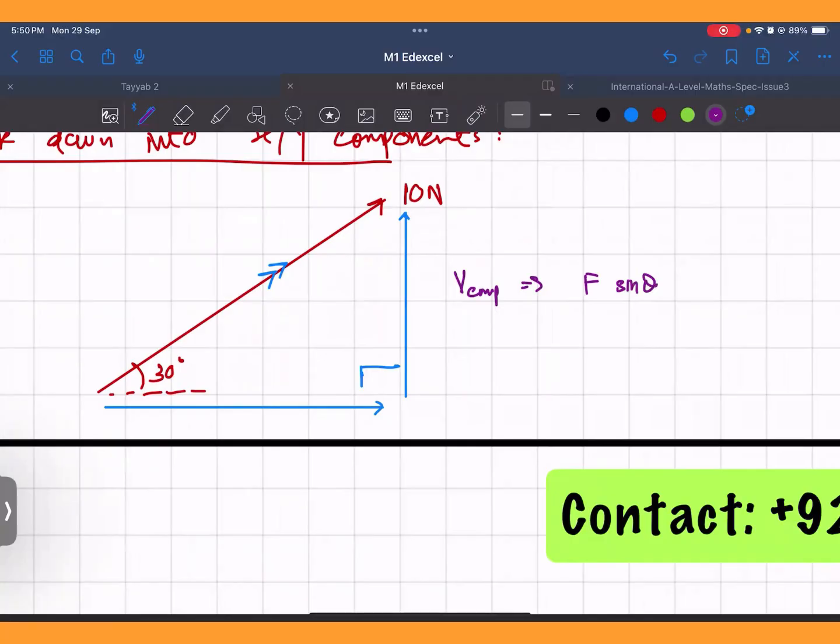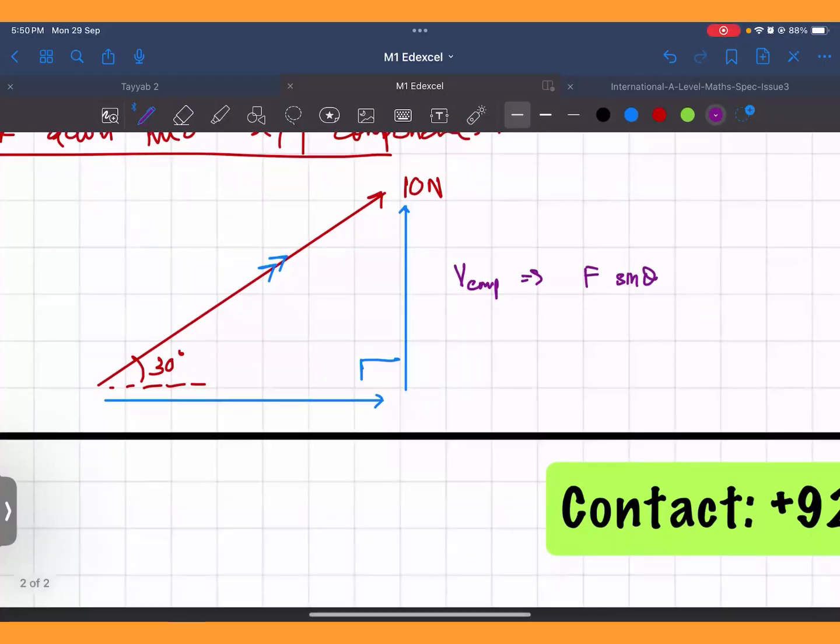Vertical component, or you can say the component which is opposite to the angle, will always be F sine theta.